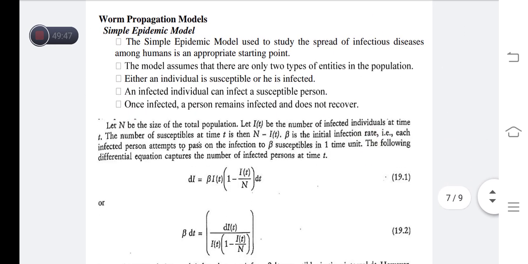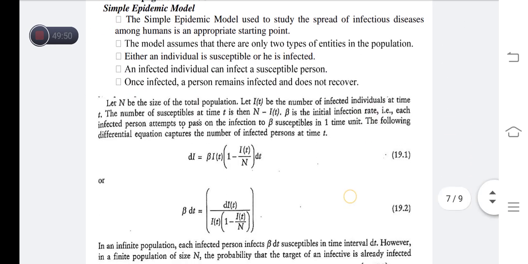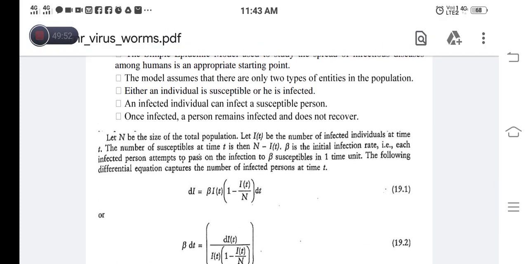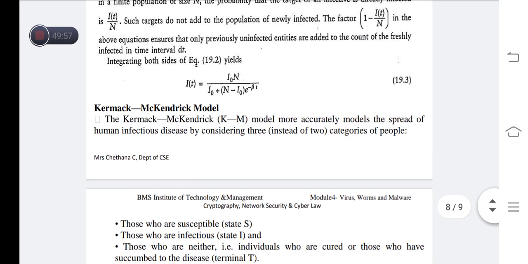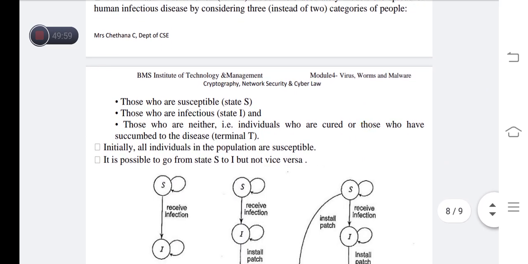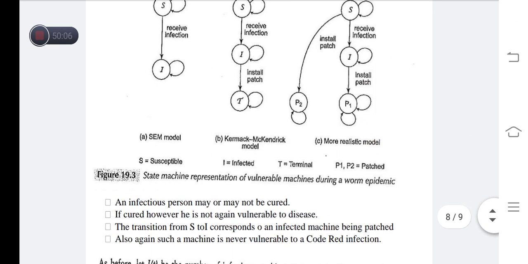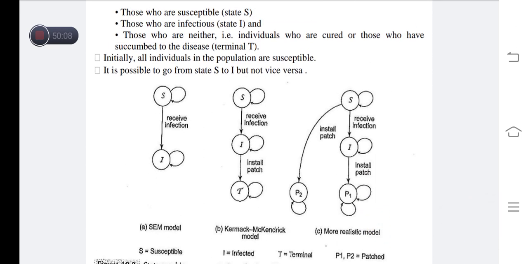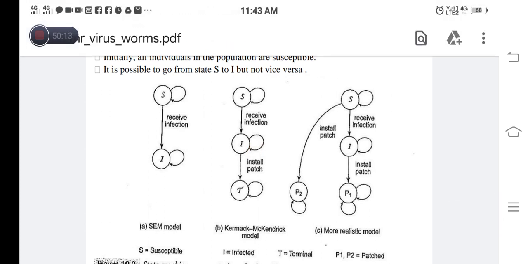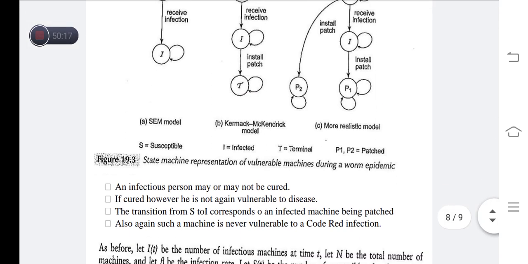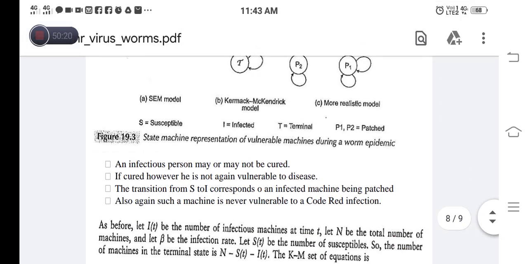Then the two worm propagation models: the simple epidemic model, which assumes two population categories, susceptible and infected, and the KM model, which assumes three population categories: susceptible, infectious, and terminal. Once the machines are in the infectious state, they will be patched and are not vulnerable to infection again, so they move to the terminal state. That is with respect to the KM model.